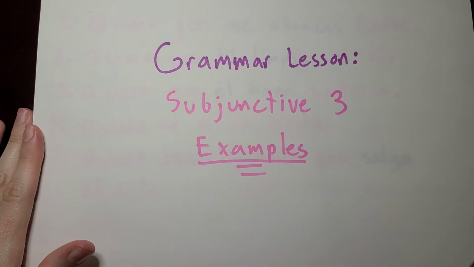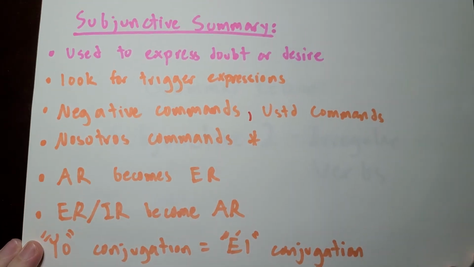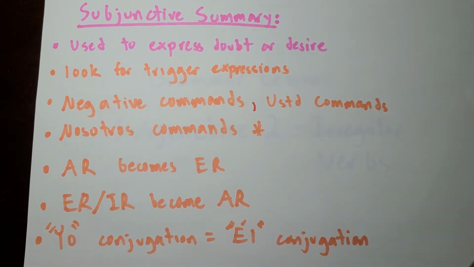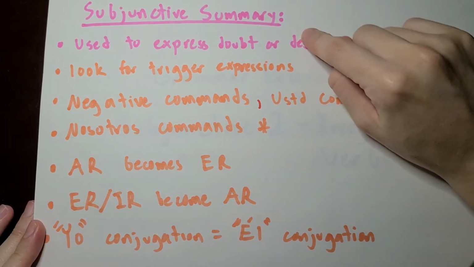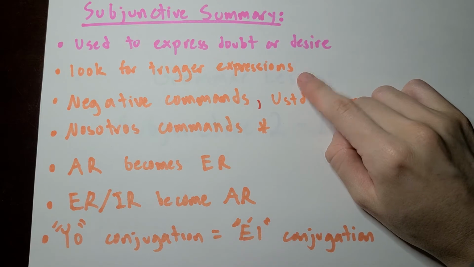So I wanted to remind you, basically, in case you didn't see the other lessons, in which case you may be an advanced Spanish student, which is fine, the subjunctive is used to express doubt or desire. Trigger expressions can be very helpful.